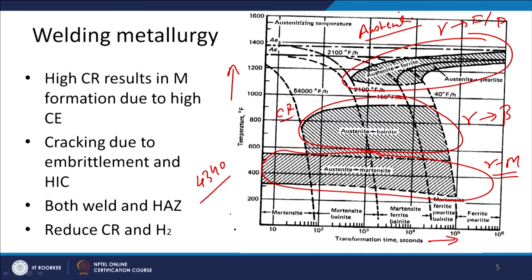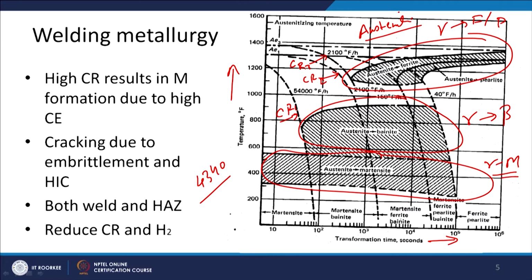So, say this is the highest cooling rate shown here, somewhat lower cooling rate in this case, further lower cooling rate in this case. So, CR1, CR2, CR3, like this we can say, and these are the reducing cooling rates.